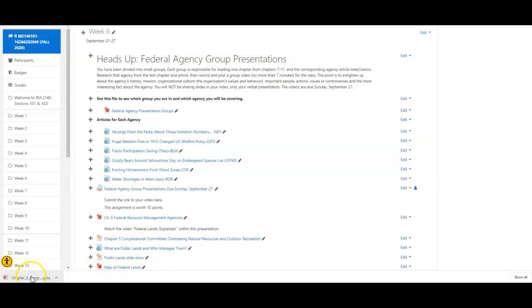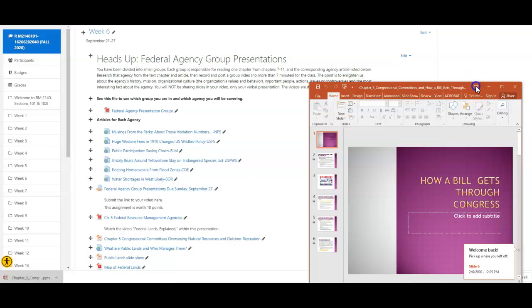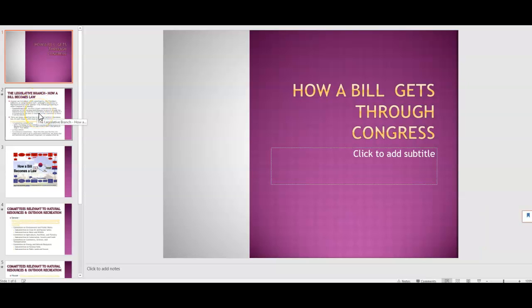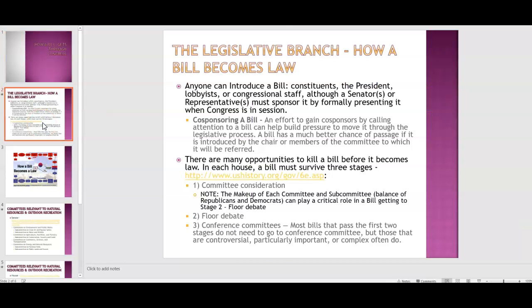So if we look at this PowerPoint, how a bill gets through Congress, this is just a refresher on that. I had asked you to watch the Schoolhouse Rock videos to refresh yourself on the 3 branches of government and how a bill becomes law.